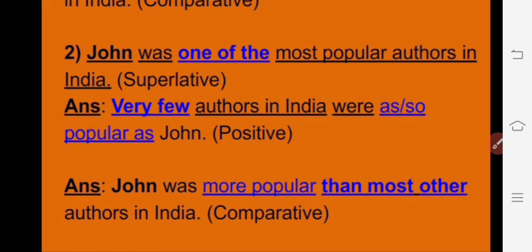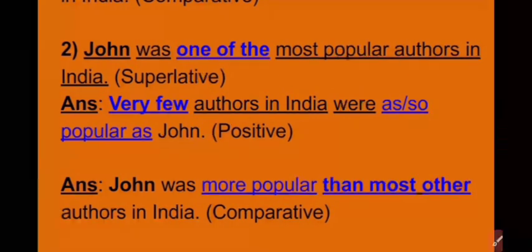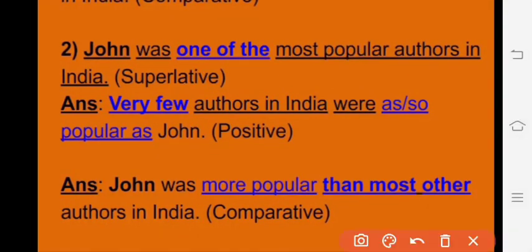It is called superlative degree. Here again the sentence starts with one of the most or one of the est. If you want to convert into positive, remove one of the most and apply very few at the beginning of the sentence.